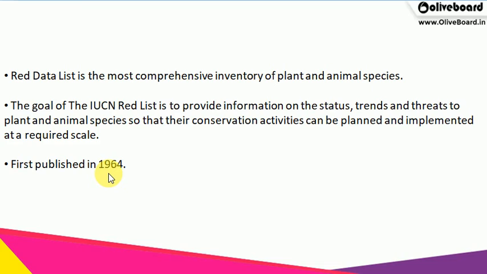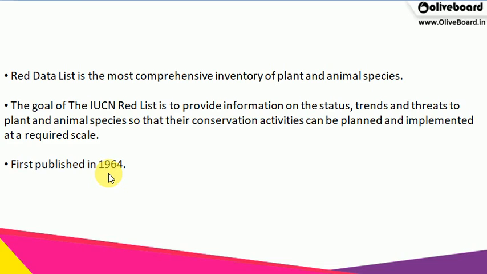What steps have to be done by various related agencies, what steps have to be done by the countries where these species are found, what status has to be given to these species. These are all the things which the IUCN Red Data List aims to achieve.